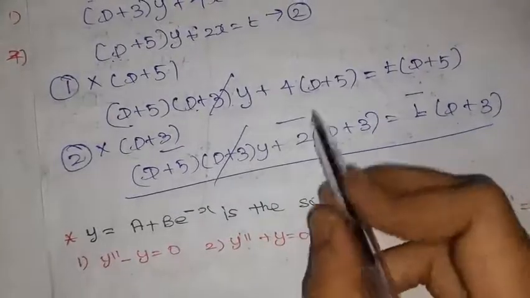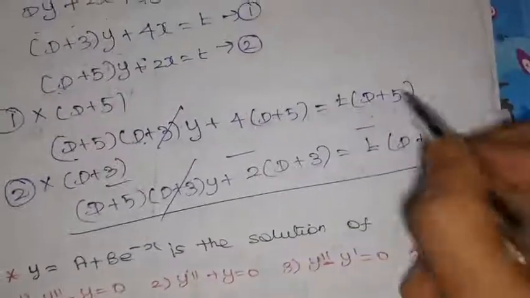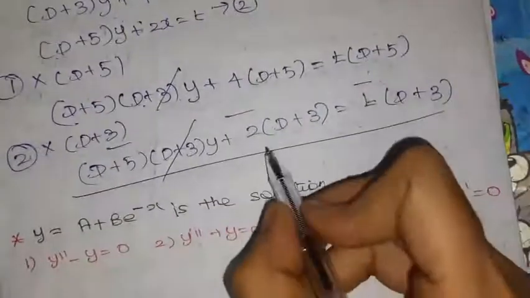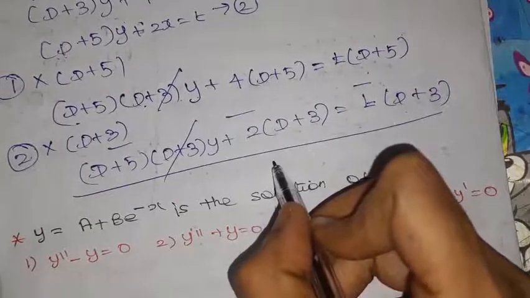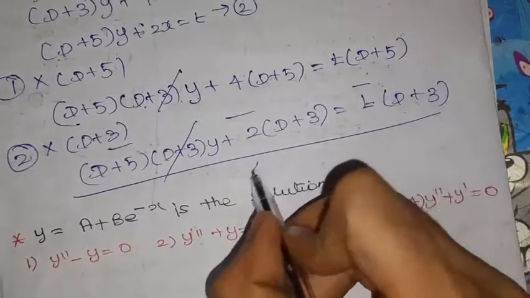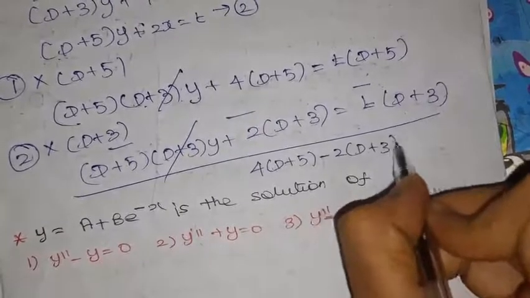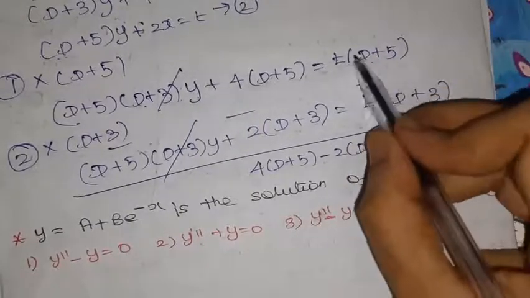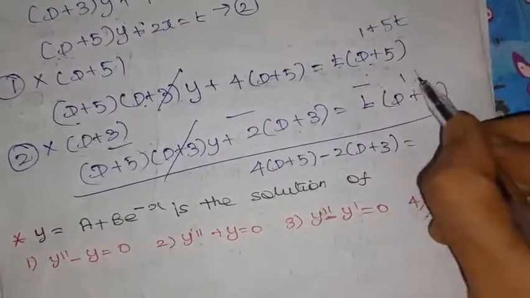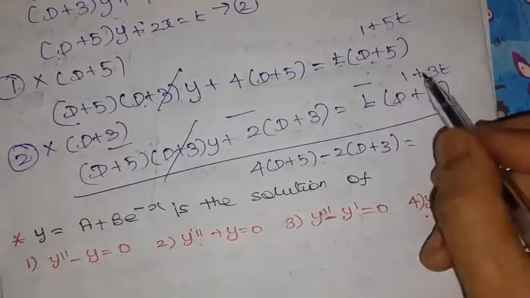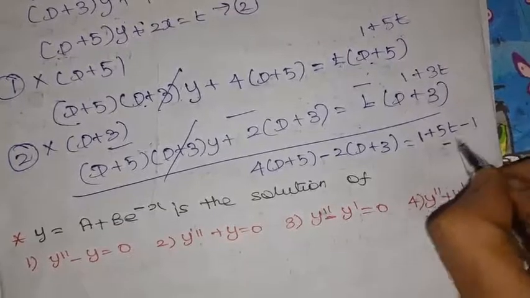So then 4(d + 5) minus 2(d + 3) for x. On the right side, differentiation of t gives 1, so (1 + 5t) minus (1 + 3t), which is 1 + 5t - 1 - 3t.